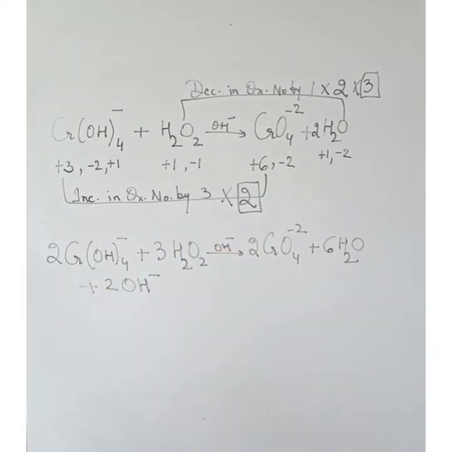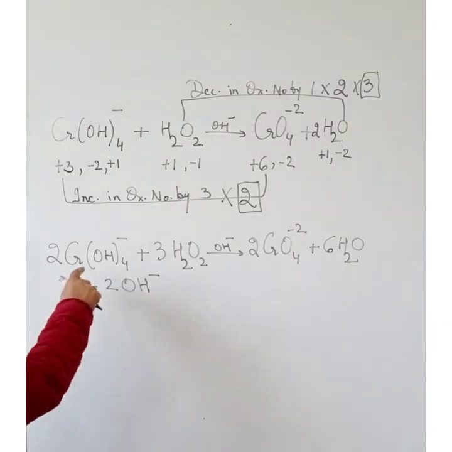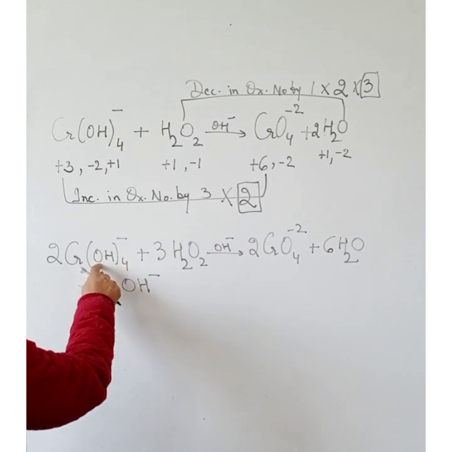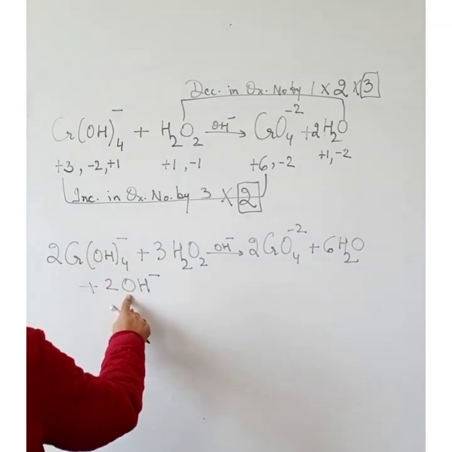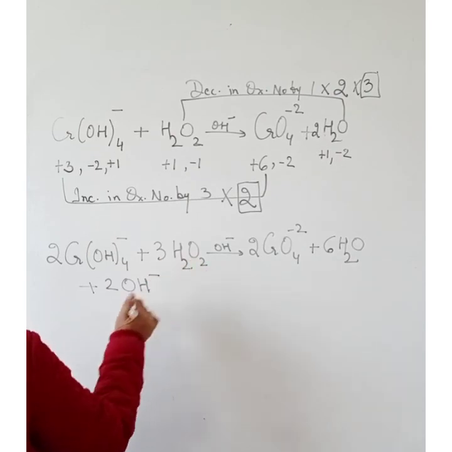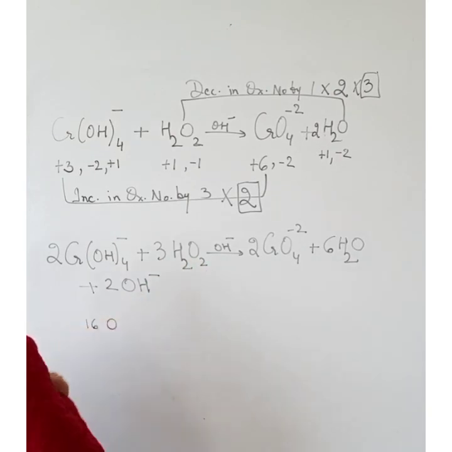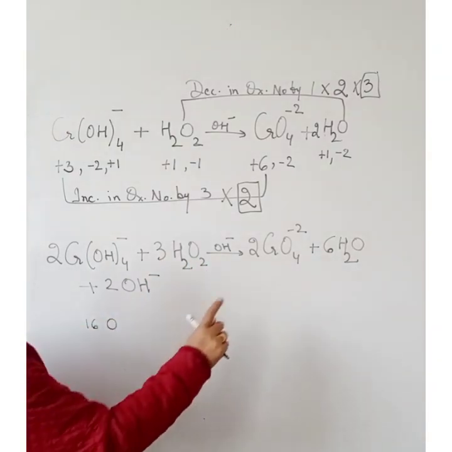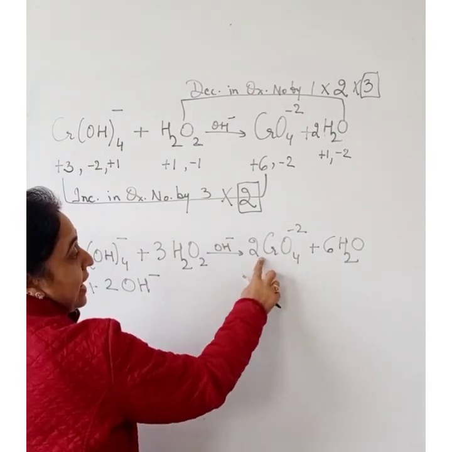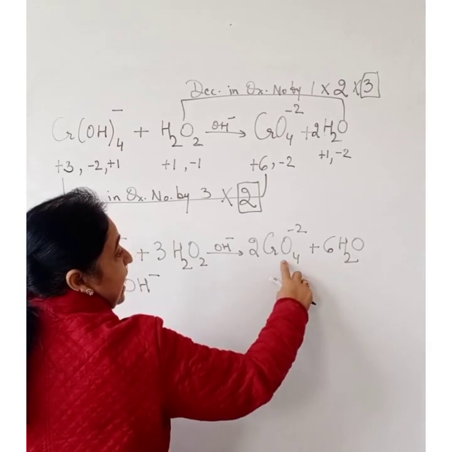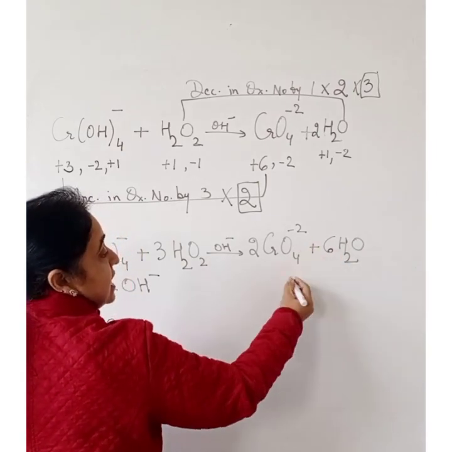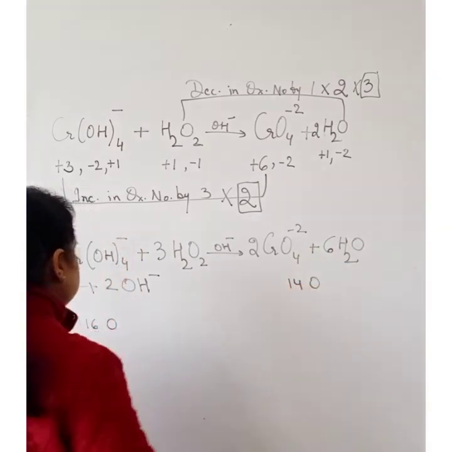Now balance oxygen atoms, which is not affected by the medium. So 4 2s are 8, 9, 10. 10 plus 6, 16 oxygen are there on this side. Here 4 2s are 8. 8 plus 6 is 14 oxygen on this side.